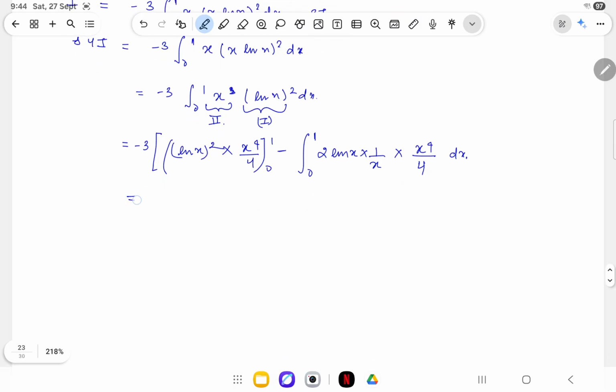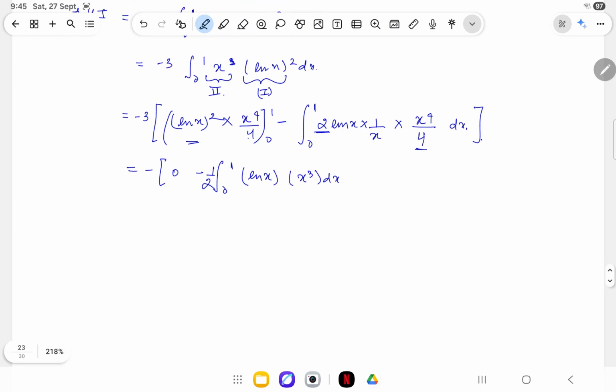That basically simplifies to, if you plug in the limit here, ln 1 will be 0 and this reduces to 0, minus integration 0 to 1, I can just pull out this 2 and this 4, that will be minus 1 by 2 ln x into x cube dx. So it reduces to, here we have 3 also, so it will be 3 by 2 integration 0 to 1 of ln x into x cube dx.